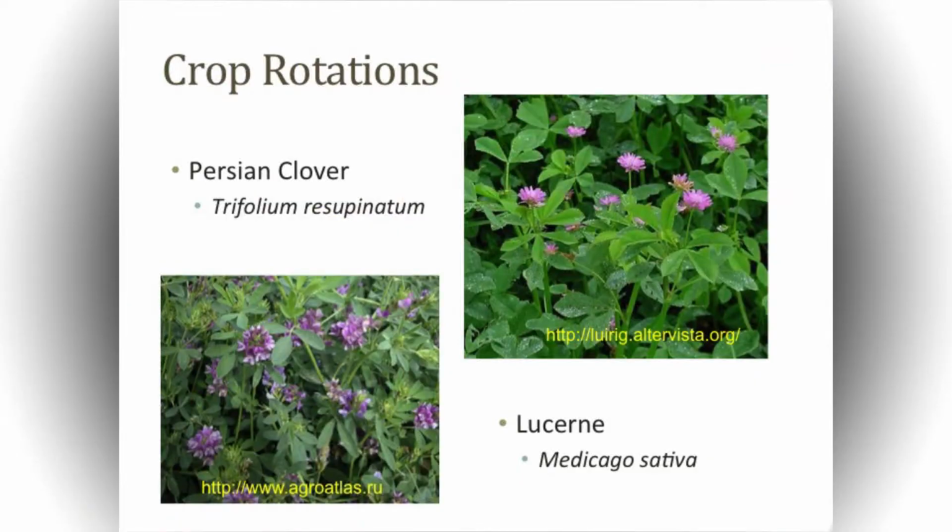All right. So the other way that we can add nitrogen to a wheat field is the use of crop rotation. The two plants that I want to talk about really quickly, the first one is Persian clover and the second one is alfalfa.